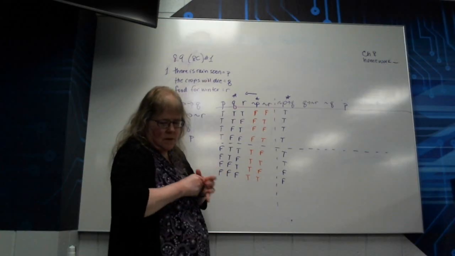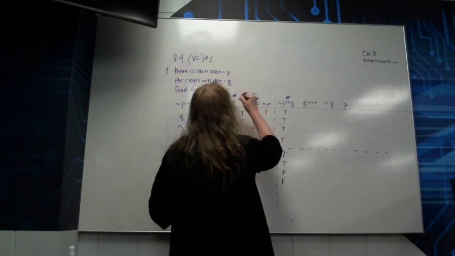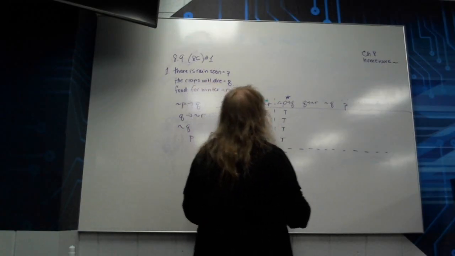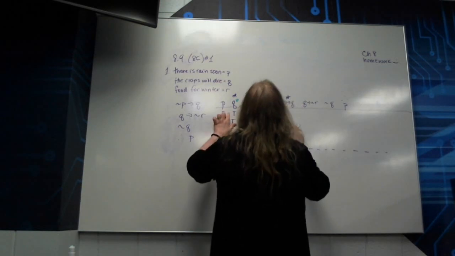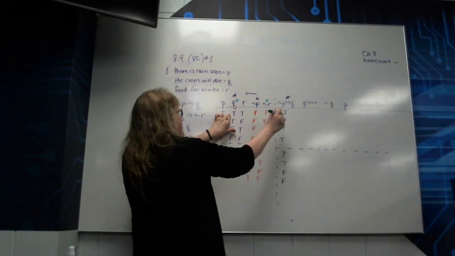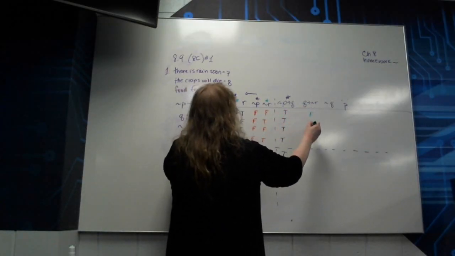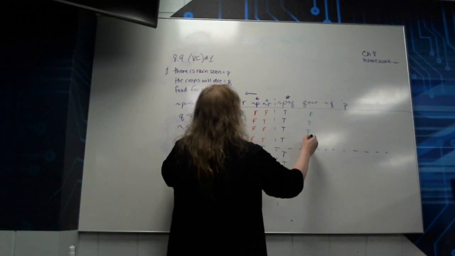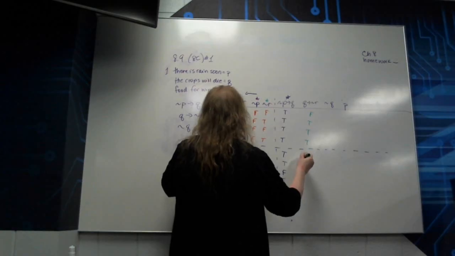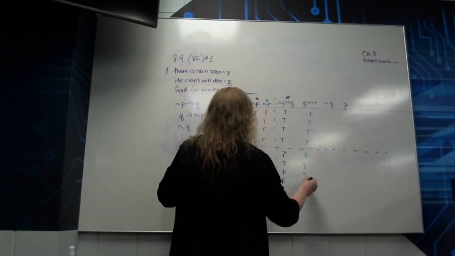Crazy, but fun. Q to not R, a little easier because we're going to go left to right and it's not quite so daunting that way. Okay, so Q to not R. True to false is false, true to true is true, false to false is true, false to true is true, true to false, true to true, false to false, false to true.